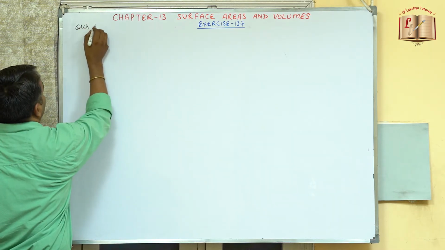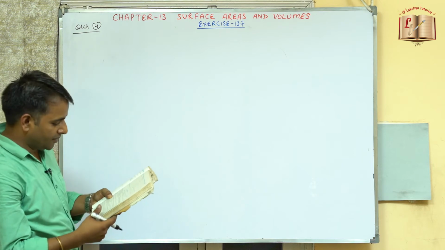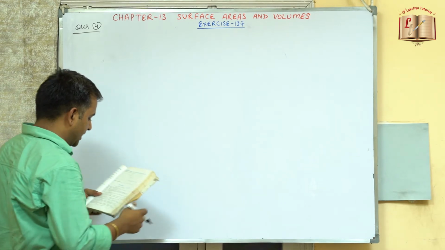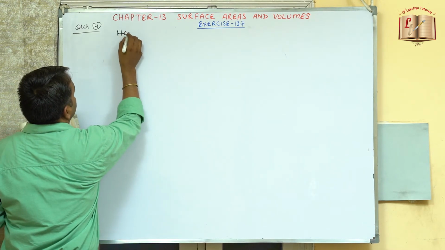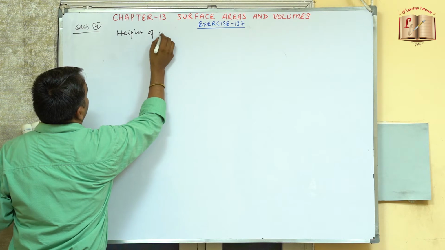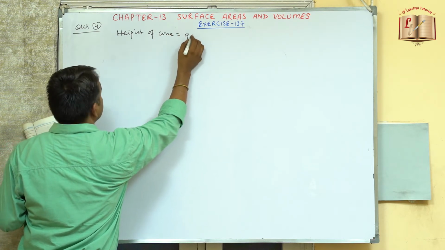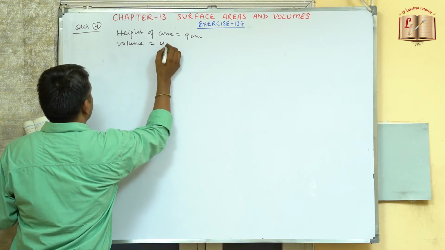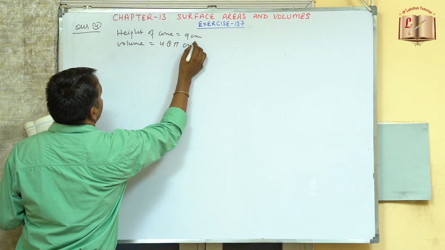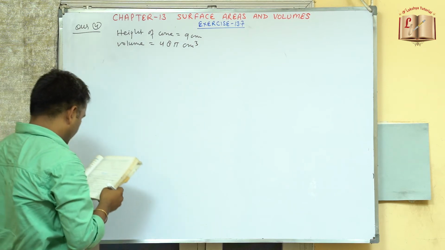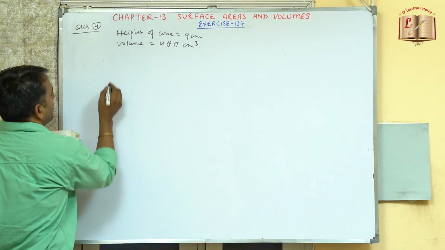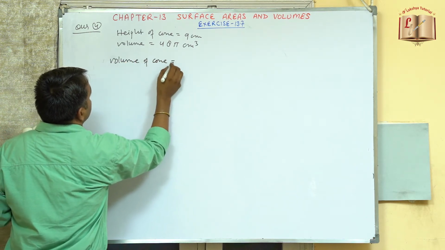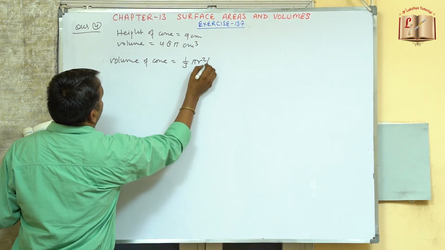Coming to question number 4. If the volume of a right circular cone of height 9 centimeter, the height is given to us, so height of cone is 9 centimeters, and volume is 48 pi centimeter cube, find the diameter of the base. We need to find out the diameter. So volume of cone is equal to 1 upon 3 pi r square h.